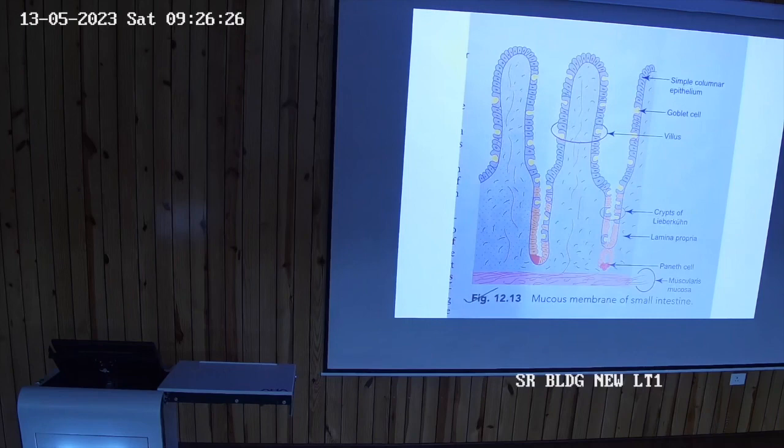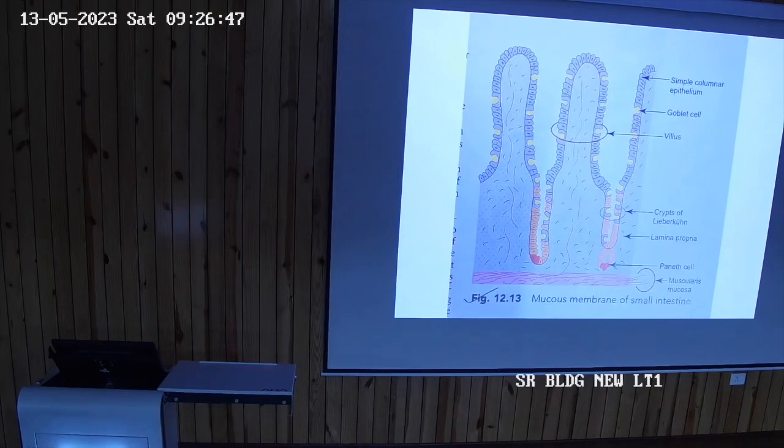The pink or slightly reddish color is called Paneth cells. Paneth cells are pyramidal in shape, containing eosinophilic granules. They secrete the enzyme lysozyme.